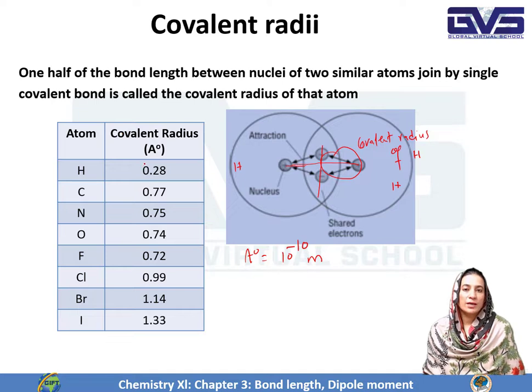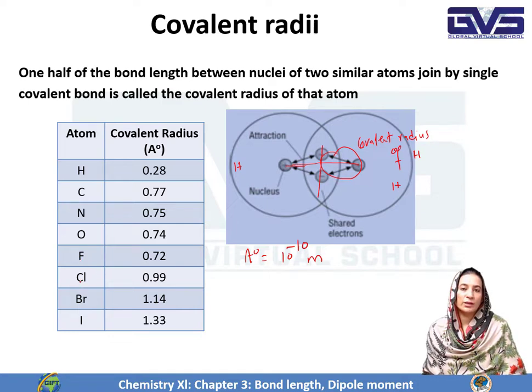Carbon has 0.77 angstrom, nitrogen has 0.75, similarly oxygen 0.74. Fluorine is smaller in size than chlorine, chlorine is smaller than bromine, bromine is smaller than iodine, of course. As their size increases, their covalent radii also increase.